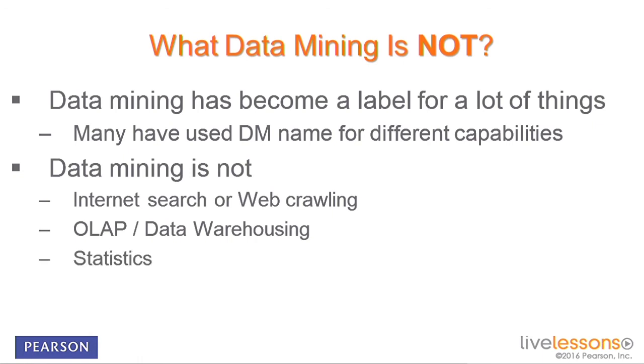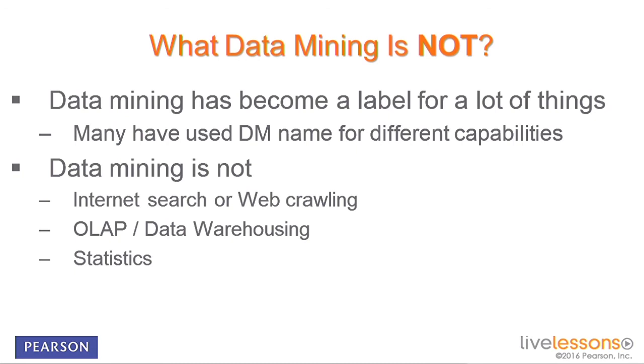And statistics by themselves is not data mining. Data mining and statistics are not synonymous words. Data mining uses a lot of the statistical methods, but it goes way beyond statistics and taps into artificial intelligence, machine learning techniques, neural networks, decision trees, and what have you, which is an extension, in some cases a contradiction, to some of the statistical methods.